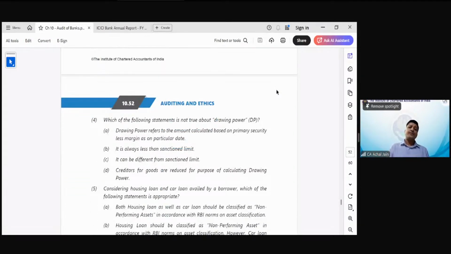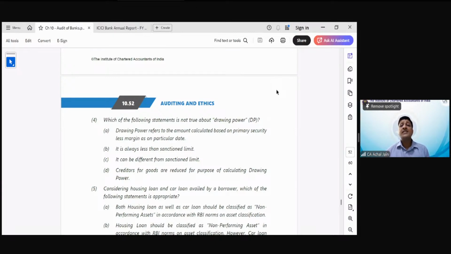Next, fourth. Which of the following is not true about drawing power? I think about drawing power we have already discussed quite a lot, so I'm just hoping everybody should be able to answer this. Drawing power refers to the amount calculated based on primary security less the margin.